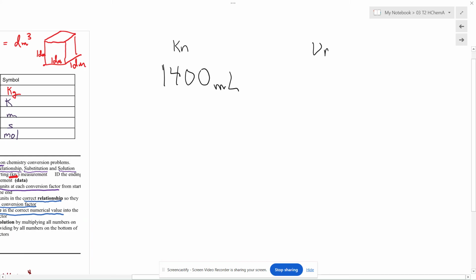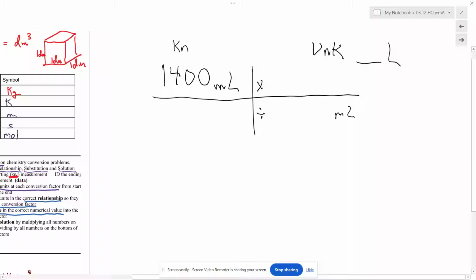So the unknown, the thing we're looking for at the end, is going to be liters. So I'm going to put my tracks like this, where I multiply everything on the top and divide by everything on the bottom. And my conversion factor, I want milliliters down here so that they will cancel. I want my new unit to be liters.